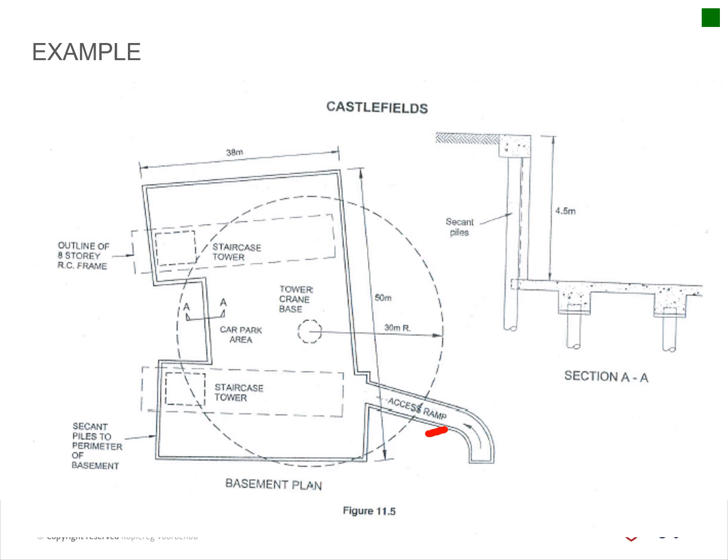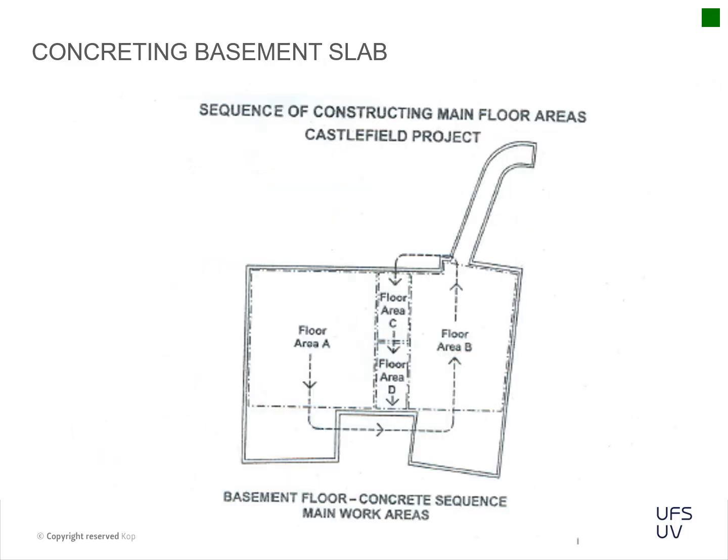So go through that. That's the one example. And then they've got the second example, which is just the concrete pour itself. They just show how they're going to do the sequence of the construction of the main floor area. So they've progressed up to the ground floor, and then they show how they're going to pour their ground floor from one side to the other side, and then the permanent access to the basement via this section.